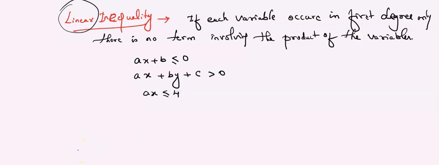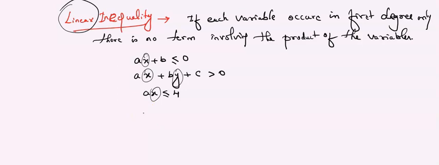Such an inequality we call a linear inequality. Here the variable occurs in the first degree, and there is no term involving the product of the variables.